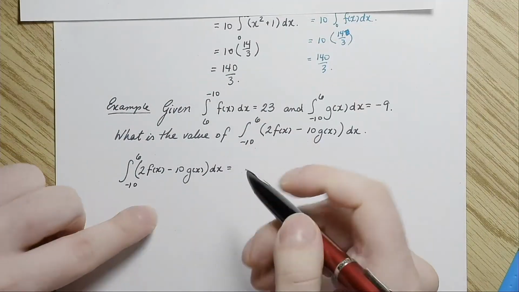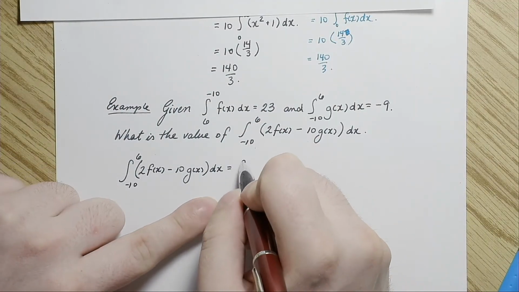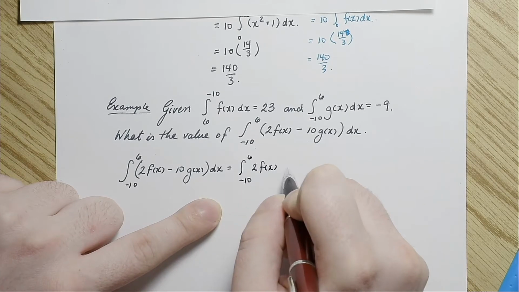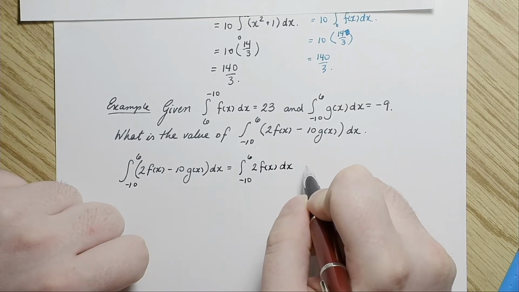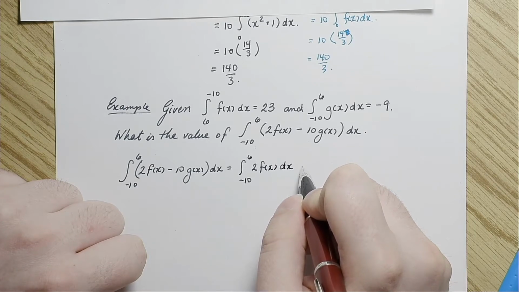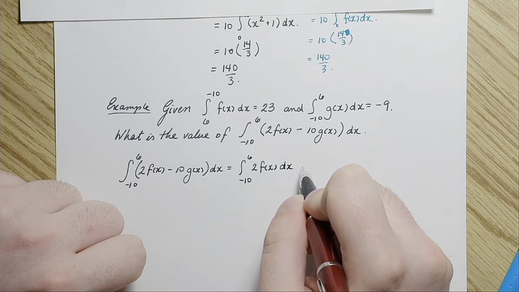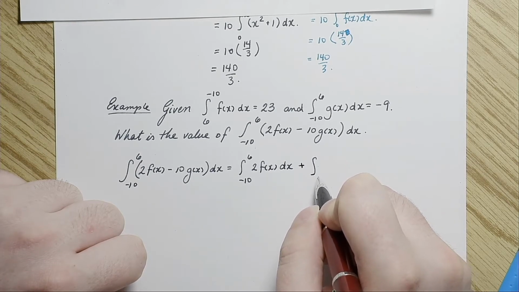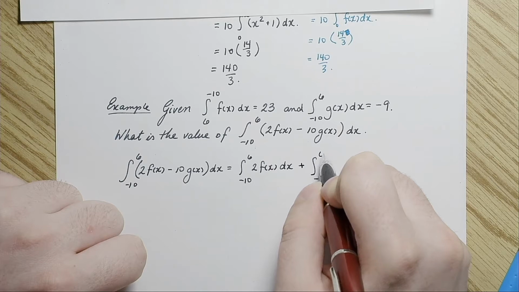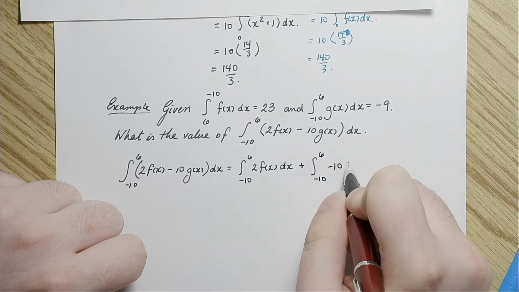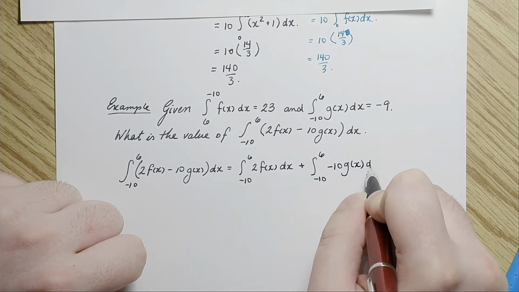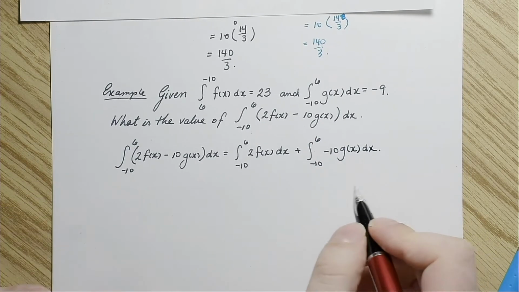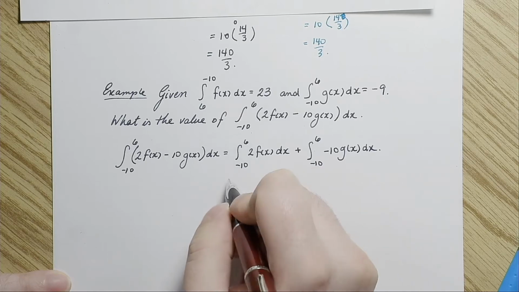So I can break this up: from minus 10 to 6 of 2f(x) dx, plus, and again using property 4, I can do that.